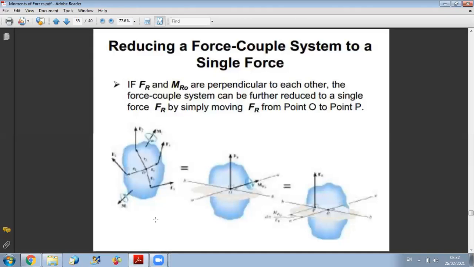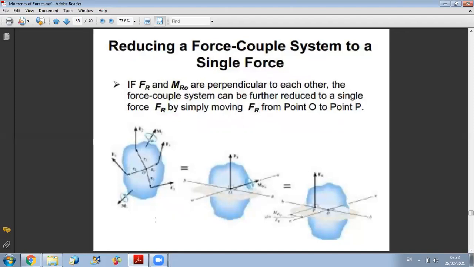So the first step you do is to reduce the system of forces to one point. So for example, here they selected O. They said we want to reduce the system of all forces and all couples acting on the rigid body to point O. So they do the same procedure we did in the previous example. To calculate the resultant force, they will add all forces acting on the system.